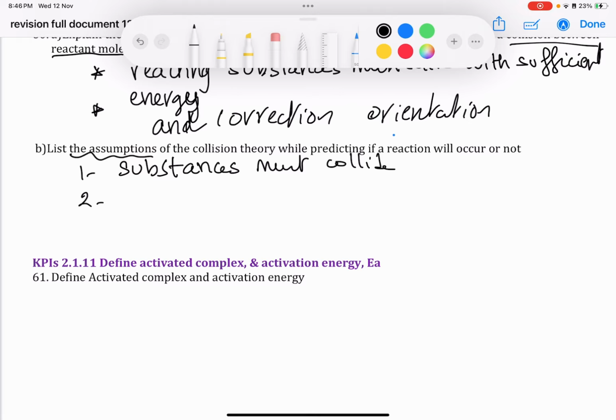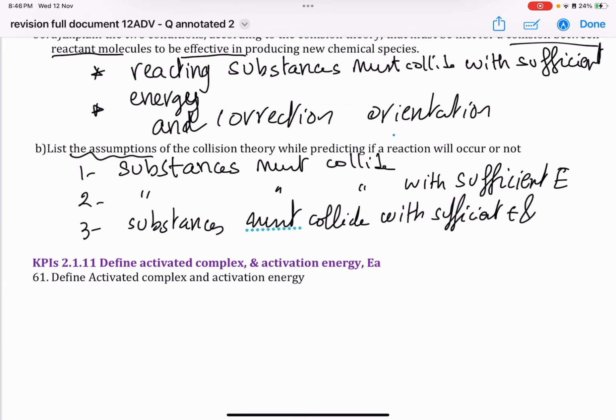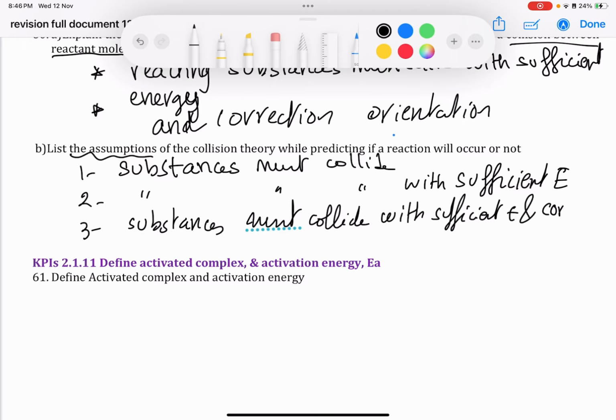Again, the reacting substances must collide with sufficient energy and correct orientation.